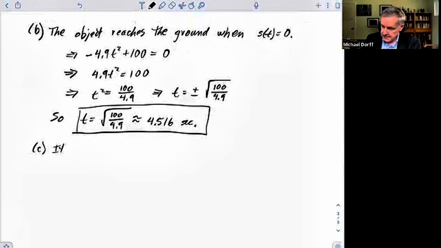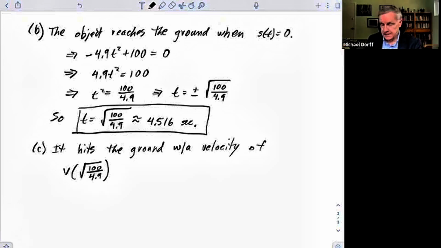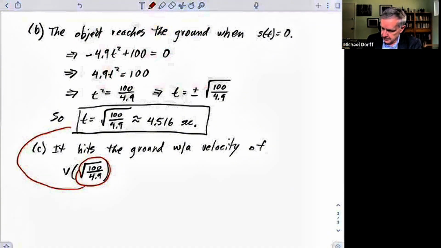Well, it hits the ground with a velocity of v at this value that we got, t, from the result we had in the previous part. So we just want to evaluate v at that value for t.